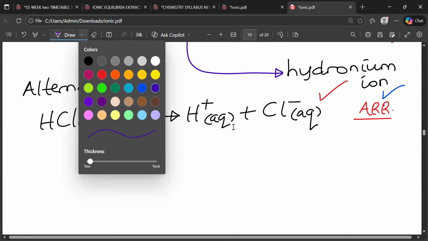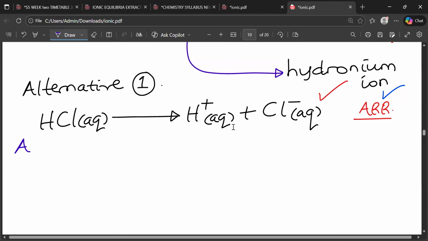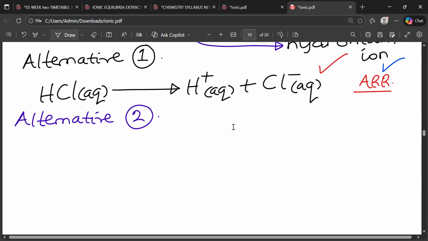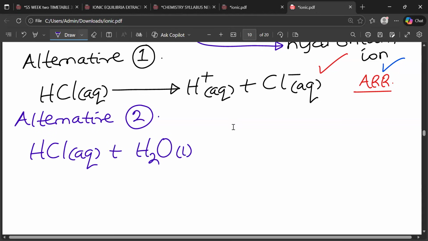Then alternative 2 is what we have just discussed. We want the HCl to interact with water, a liquid.